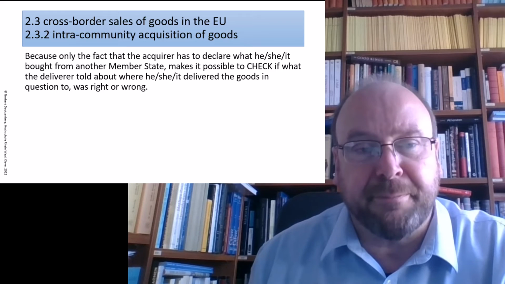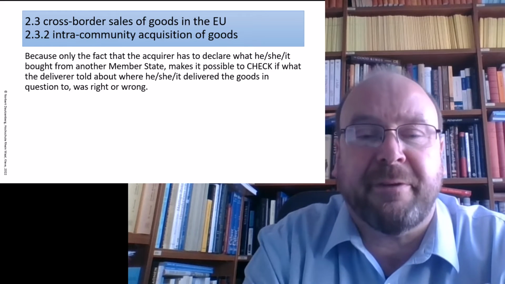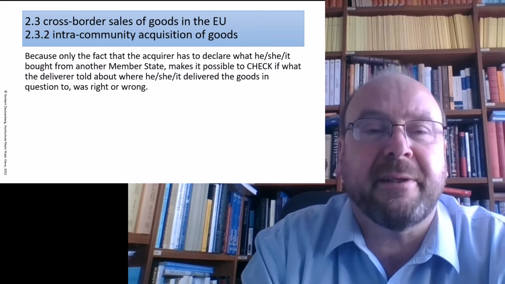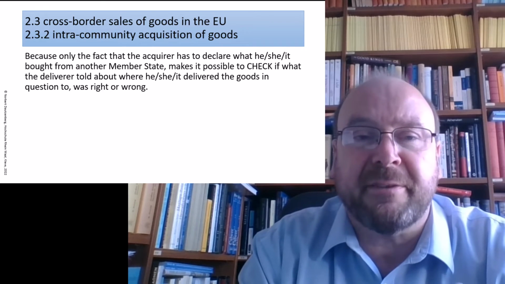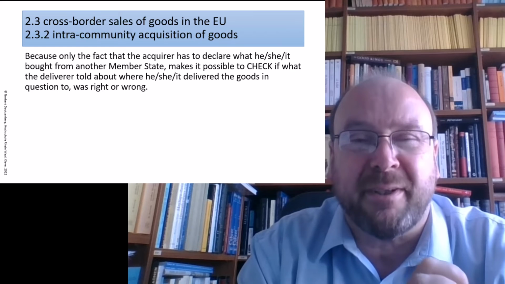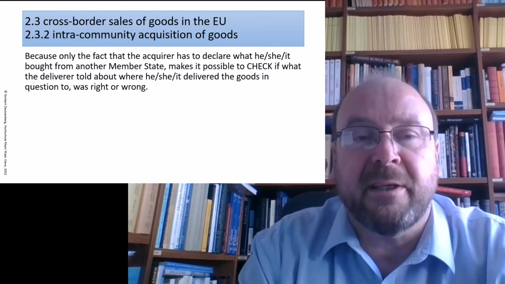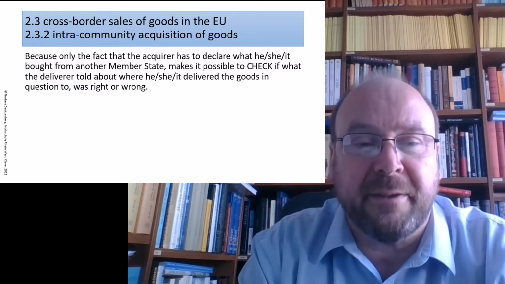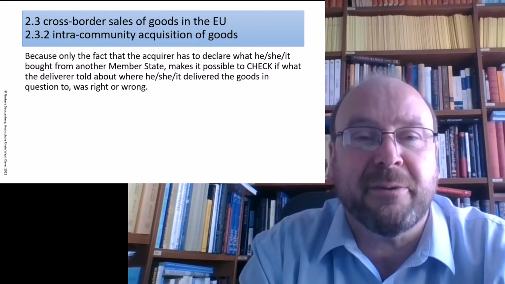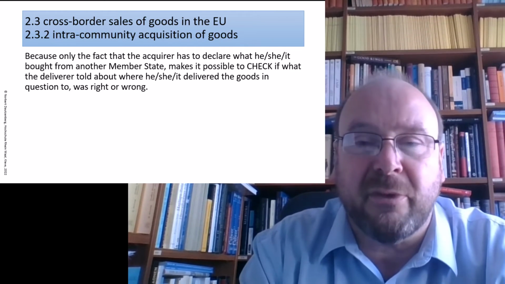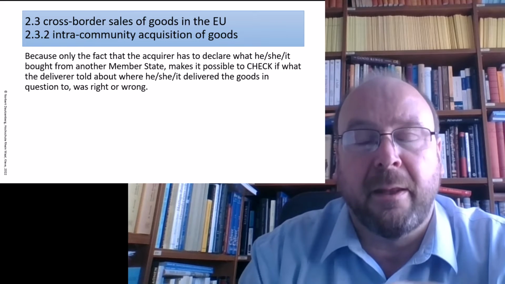But here it's not. Only the fact that the acquirer has to declare what he, she, or it, whatever it is, bought from another member state makes it possible to check if what the supplier told his tax authority in the country where the goods came from was right or wrong.